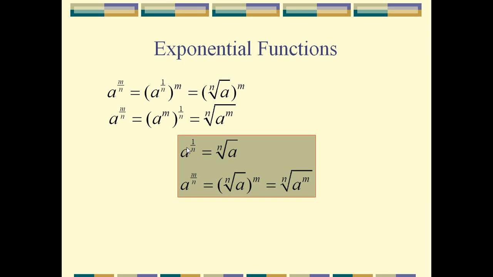A to the power 1 over n is the nth root of a, and a to the power m over n is the nth root of a to the power m, or we can say that it is the nth root and then power m. They are the same. Which one is better depends on the question, so you may remember both presentations.